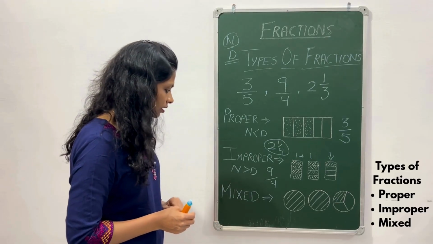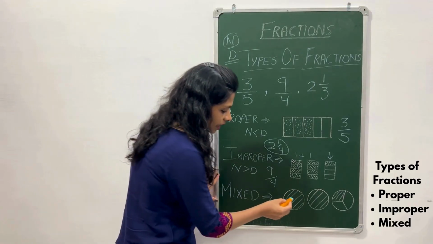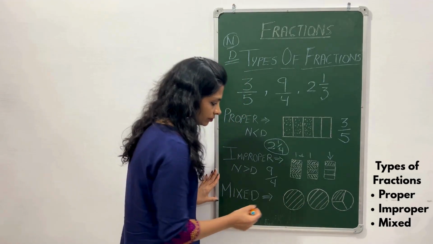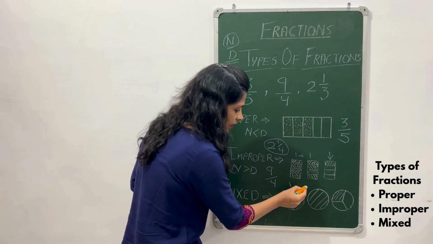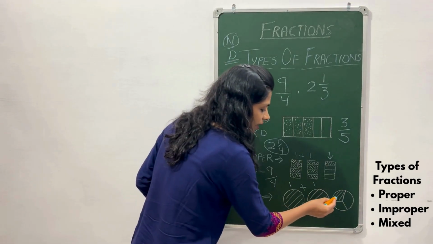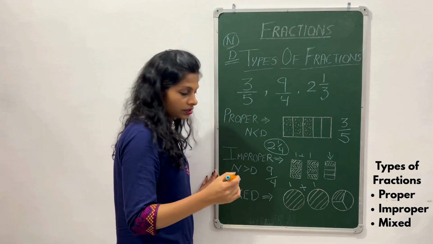Now let's look at another mixed fraction example. Here I have, let's say, 3 pizzas, wherein this is one whole pizza, this is another whole pizza, and here I have a third pizza which is divided into 3 portions.